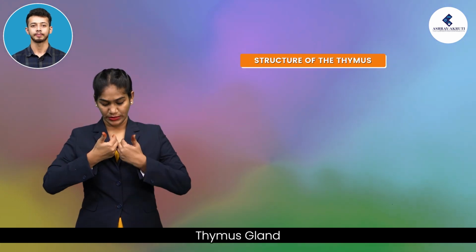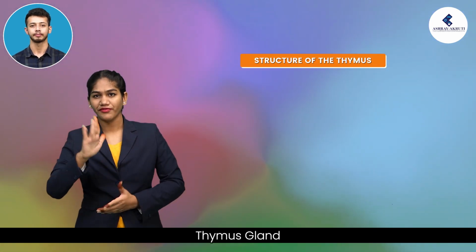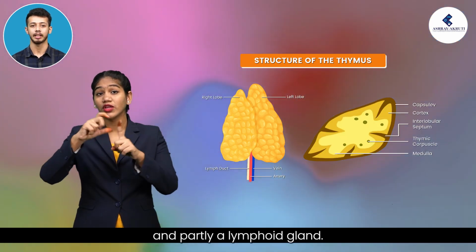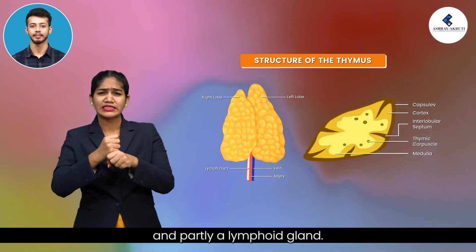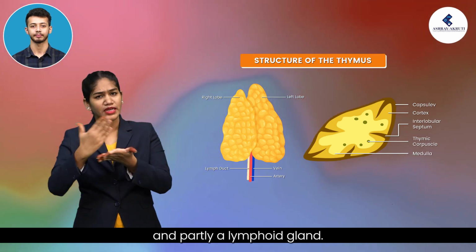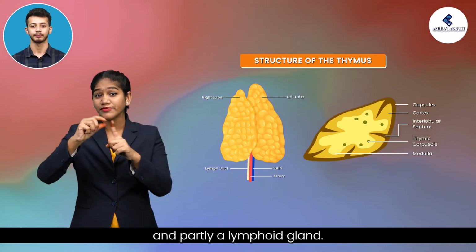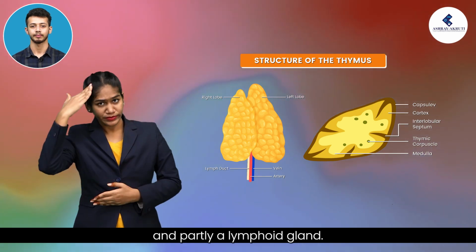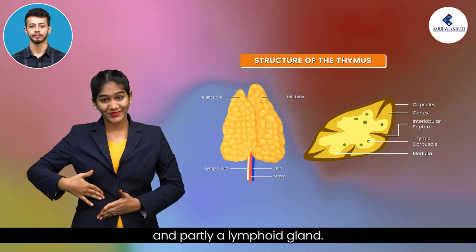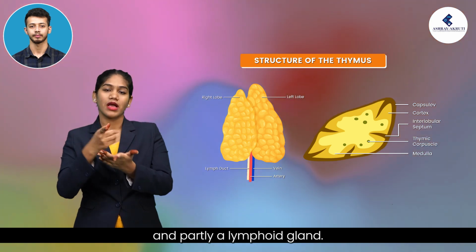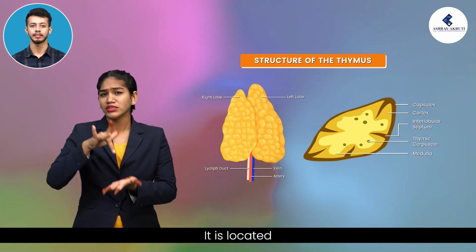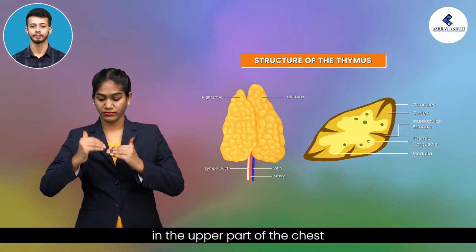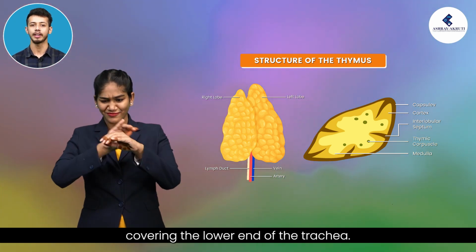Thymus gland is partly an endocrine gland and partly a lymphoid gland. It is located in the upper part of chest, covering the lower end of the trachea.